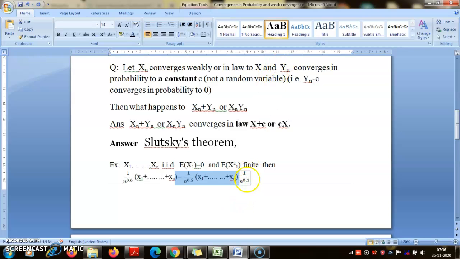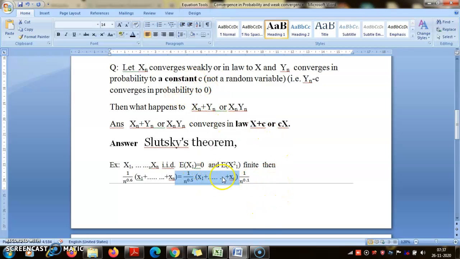But if you take Yn equal to 1 by n to the power 0.1, this is going to 0. Obviously 1 by n to the power anything positive will go to 0 almost surely, and hence in probability. So Slutsky's theorem applies here, because Yn is going to 0 almost surely, and that means in probability, to a constant 0.